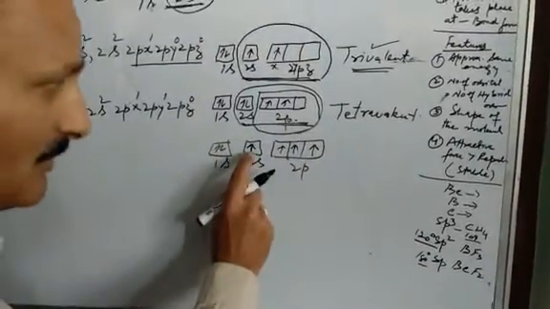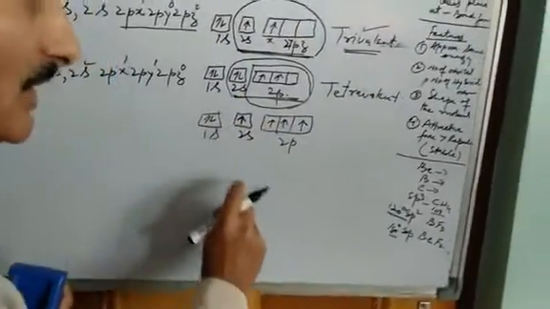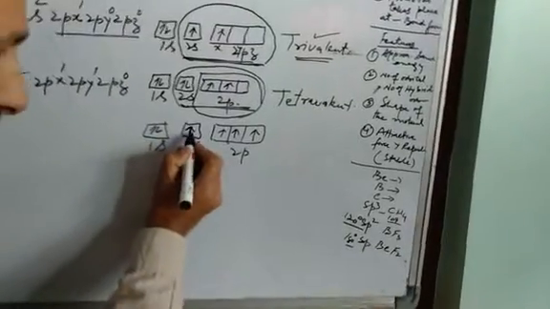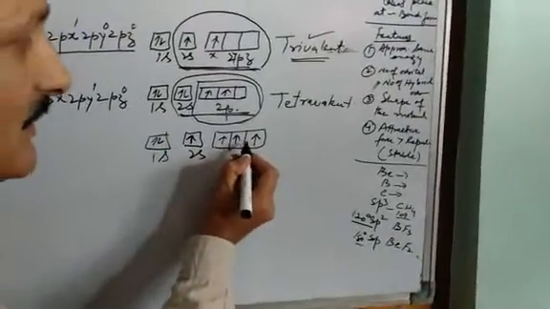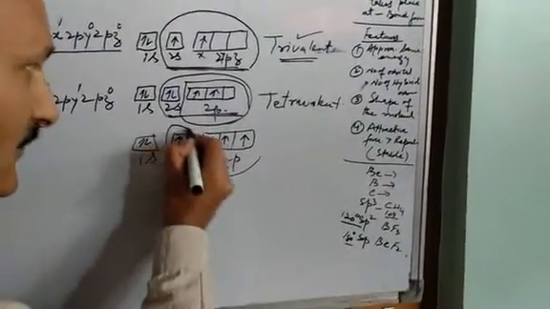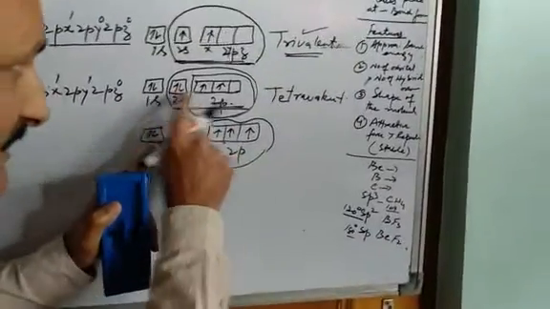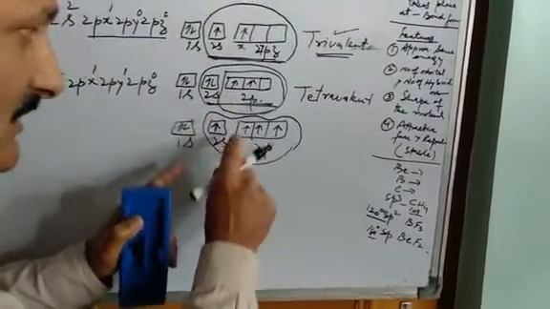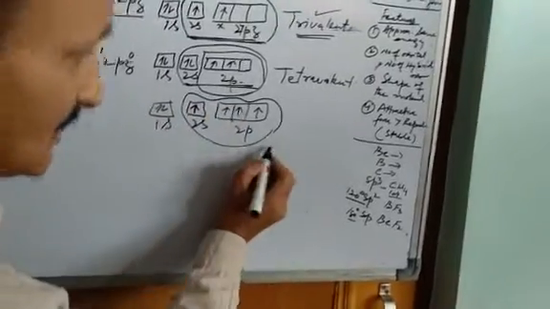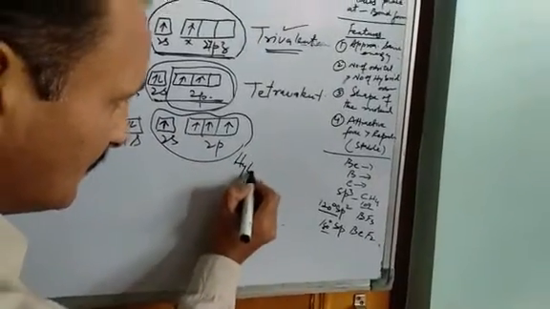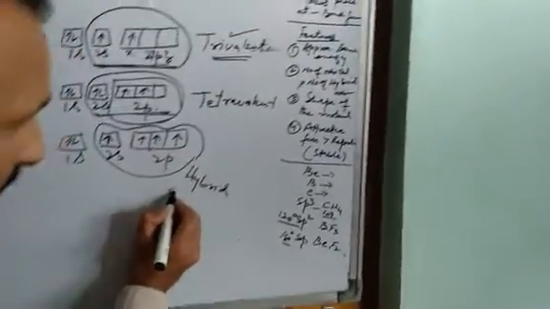As a result, how many half-filled orbitals have been formed? 4. These 4 half-filled orbitals, formed by intermixing, the new orbitals, are known as hybrid orbitals.